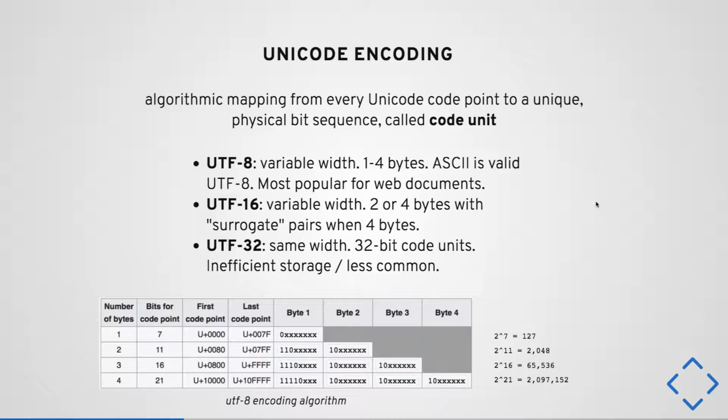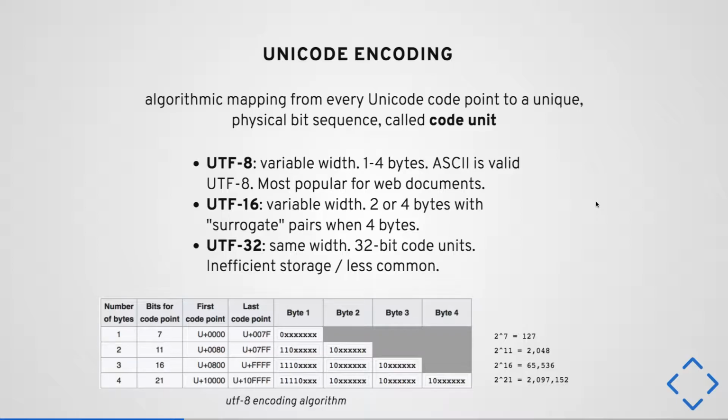For instance, UTF-8, which is the recommended one for web documents, can be represented in anything from 1 to 4 bytes, which makes it good that we don't have to send down 4 bytes for every single thing. It's a variable width. And here's kind of the algorithm for how it does that.